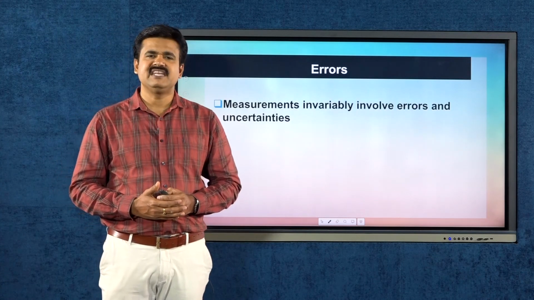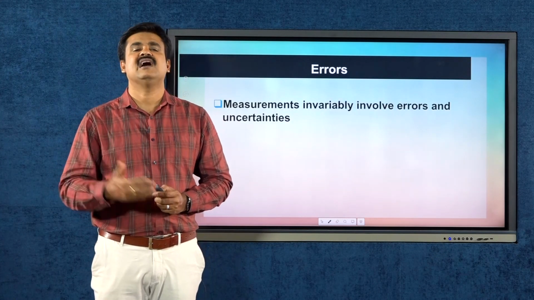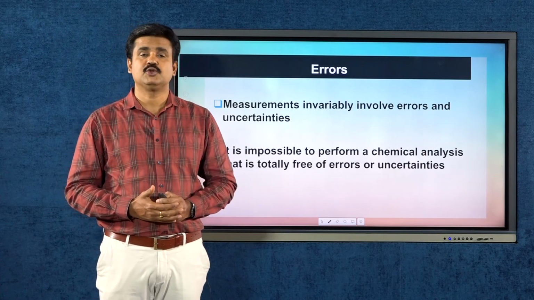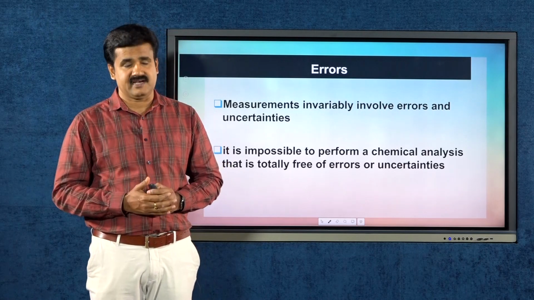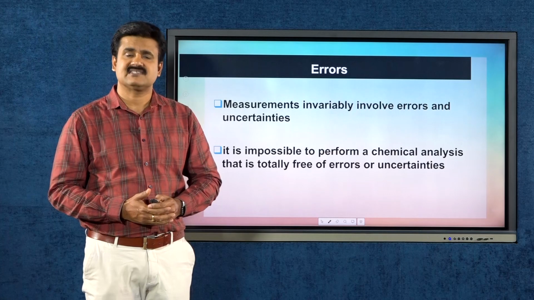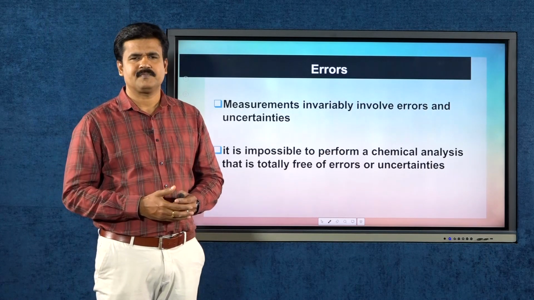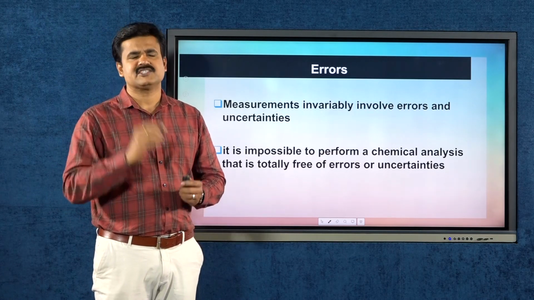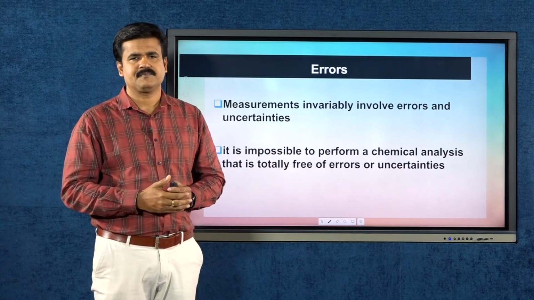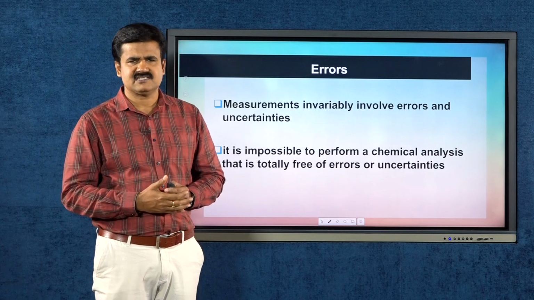Measurements invariably involve errors and uncertainties. It is impossible to perform a chemical analysis that is totally free of errors or uncertainties, even though a sharp instrument and a trained analyst, etc. are the conditions.